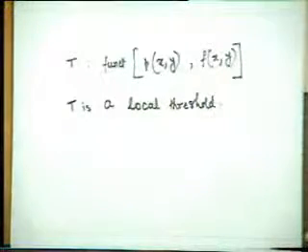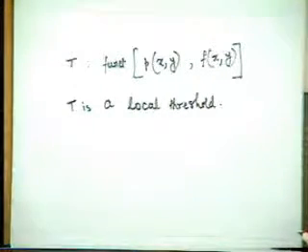And if t depends upon x, y as well as p of xy and f of xy, then what type of thresholding should we call it? It is varying from one position of the image to the other. In that case, we should call t a dynamic threshold.